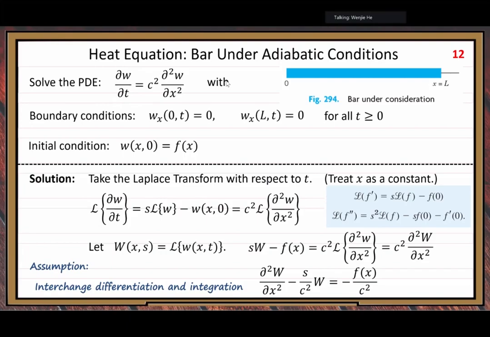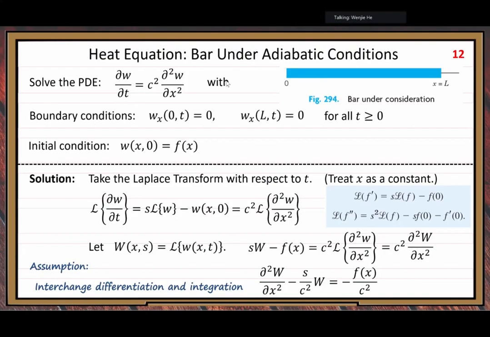We do not treat s as a variable; it's a constant. So we solve this second order ODE, and we know how to solve it. It's a non-homogeneous second order ODE.